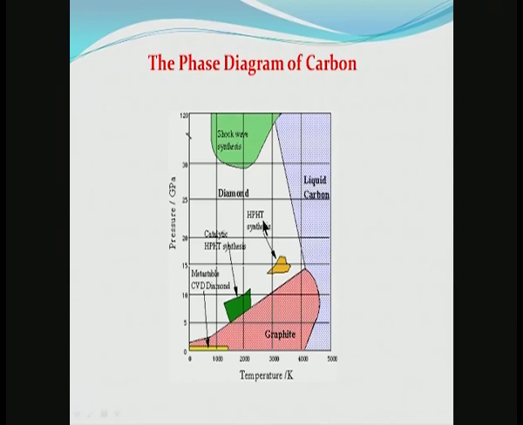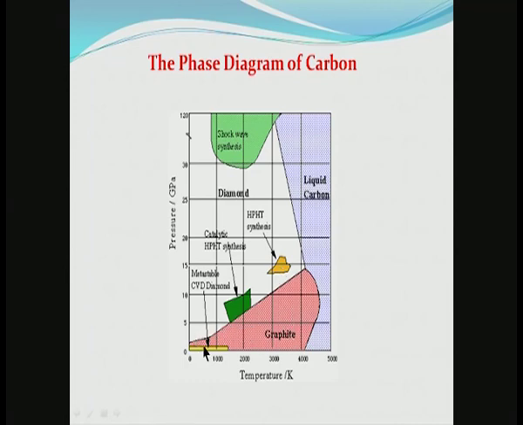Now, we come to look at a phase diagram of carbon, which is the equilibrium phase diagram of carbon, where pressure is plotted on the y axis and temperature on the x axis, and different forms of carbon, allotropes of carbon, are plotted on this graph. Now, what I want you to see is that diamond is a high pressure, high temperature phase of carbon, that is, under equilibrium you need high pressure and high temperature to obtain diamond, otherwise it is mostly graphite.